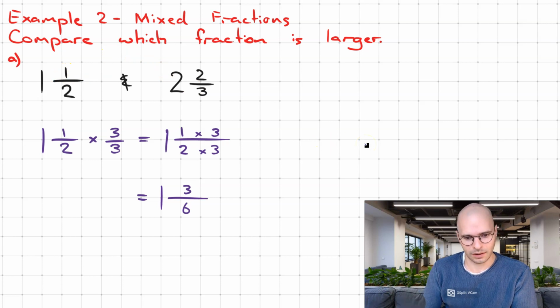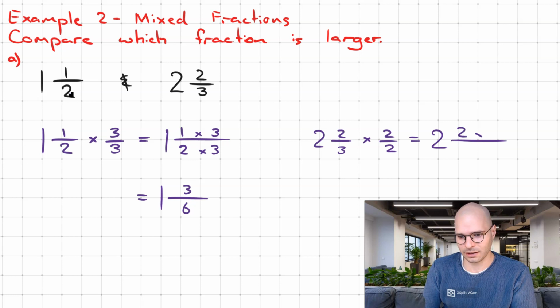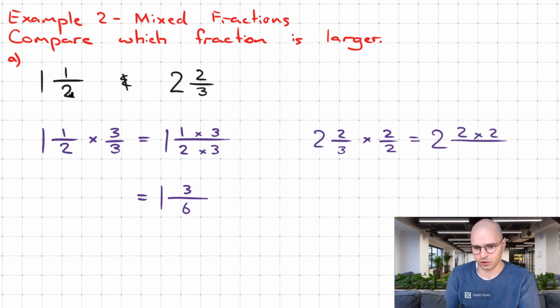Next, I'm going to get my second fraction, which is 2 2/3. I get the denominator of the first fraction, and I multiply numerator and denominator by the denominator of the second fraction. This will be 2 for the whole amount, and then I draw a vinculum, I gather my numerators, 2 and 2, I gather my denominators, 3 and 2.